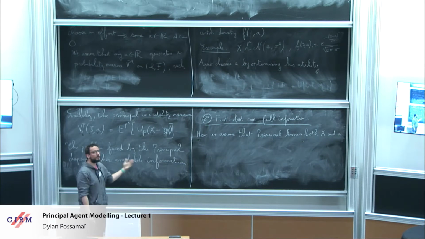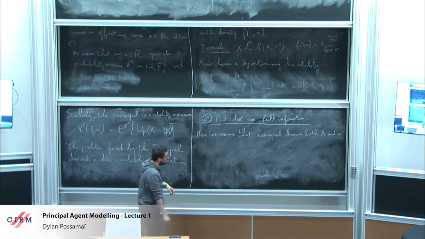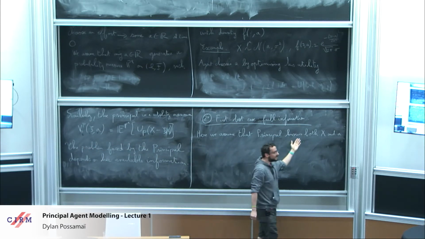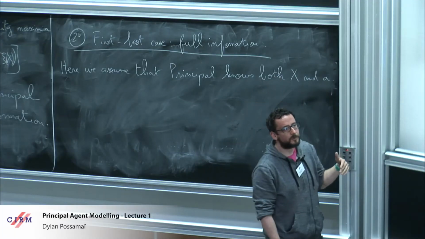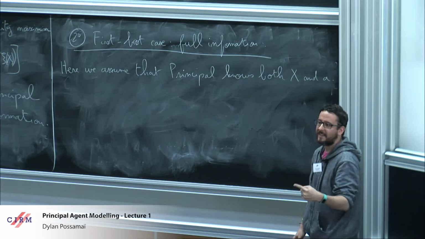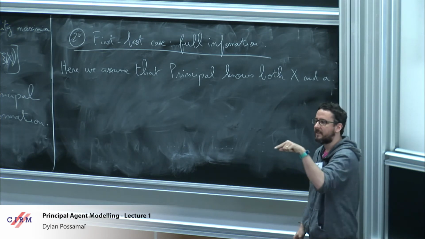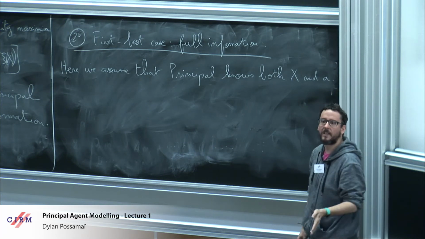Now the agent looks at this and says, okay, well, obviously for me the best thing to do is to work the amount that the principal has asked me to work, because otherwise I owe him money. So what this means is that in a setting like that, what you should assume is that the principal is actually choosing both X and A. He's telling the agent, this is how much I'm going to pay you, and this is how much you're going to work, and the agent has no choice.